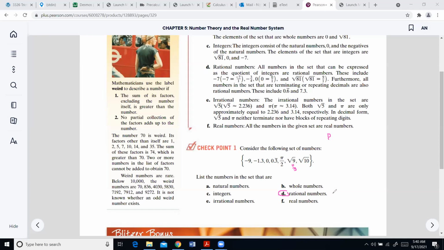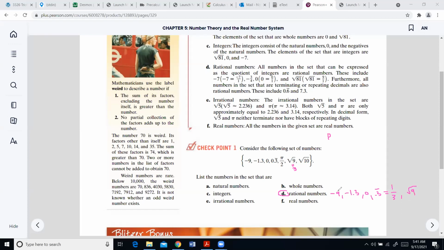So they are minus 9, minus 1.3, 0, 0.3 with a bar, because we already know it's 1/3, right? We just looked at that number. It's a ratio. We can write it as a fraction. And square root 9, because it's just a 3.